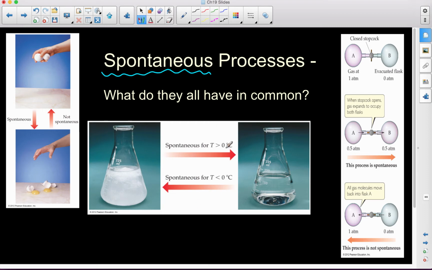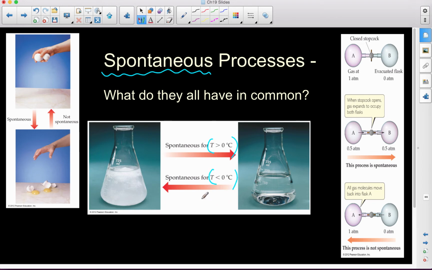Now to add a little more thought to it, we know that ice will spontaneously turn into water as long as, ding, ding, ding, we are above the melting point. We also know that water will freeze and turn solid as long as, ding, ding, ding, we are below the freezing point.